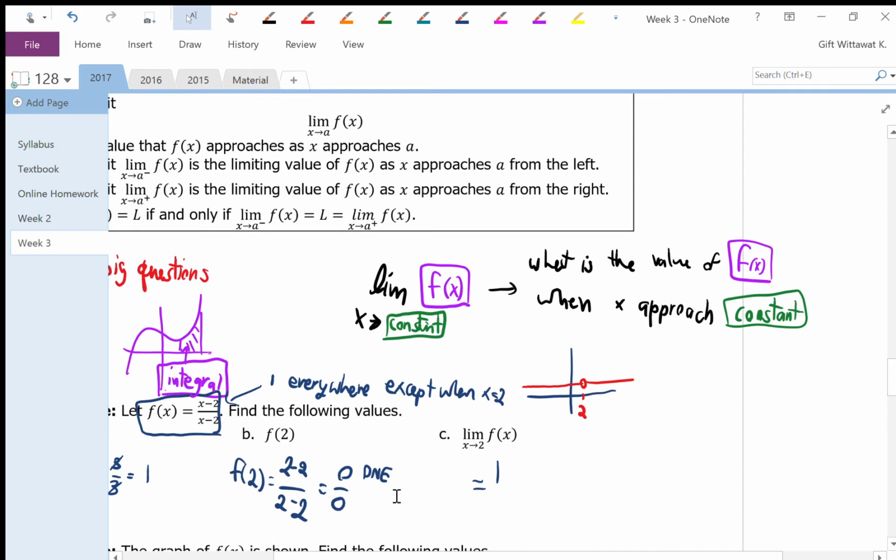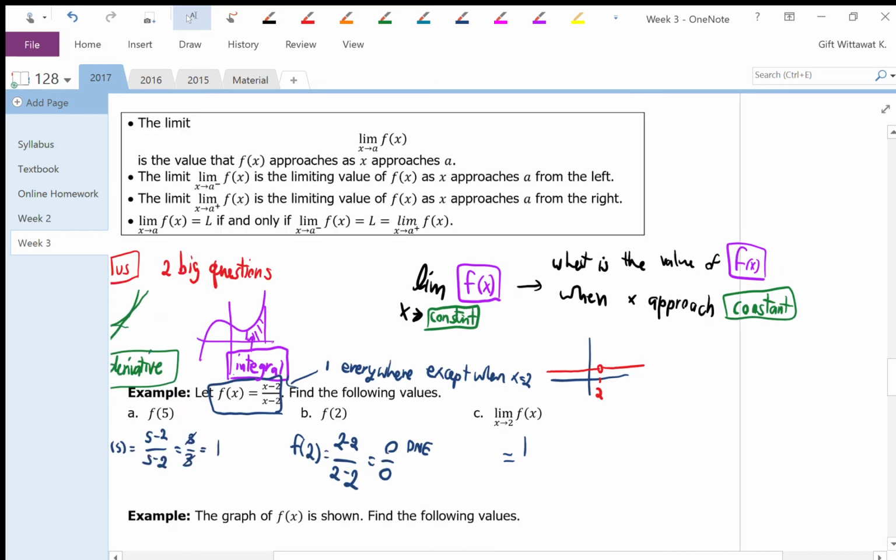In a way, the limit helps us deal with the case when my function is undefined, but I want to find the value of the function at that point. I very much want to find f of 2, but it's just not defined. So I do the next best thing, which is to ask what is the value of f when x approaches 2. And that's exactly what happens in this graph.